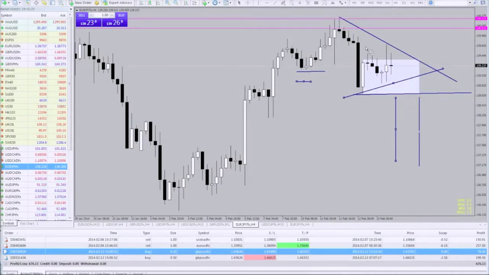So again, my bias is short because we can't make a new high. In order for this uptrend to continue, we have to have candles that close above this high. Is everybody on board with that? Because every time we've made a high in this uptrend, we had a close above the old high. We had a close above the old high.